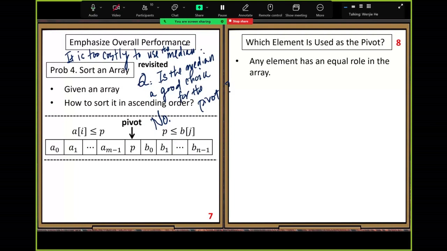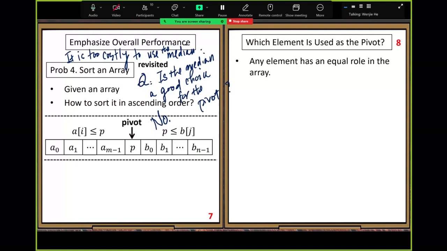Because no specific information about the values of the given elements is known. If not known, then any element is equally good to be the pivot element. Any element used as the pivot, the result is equally good by the probability.